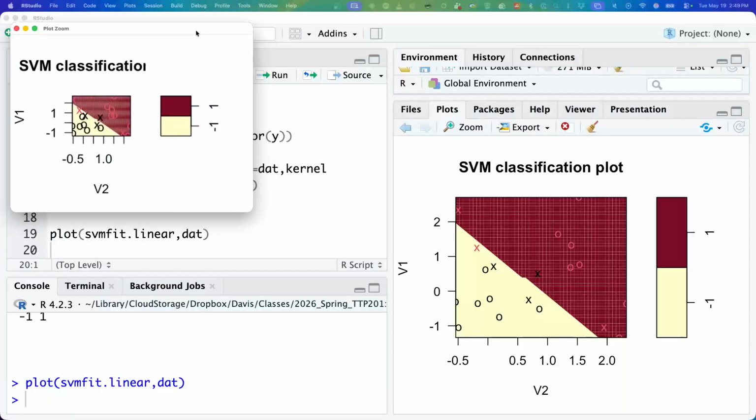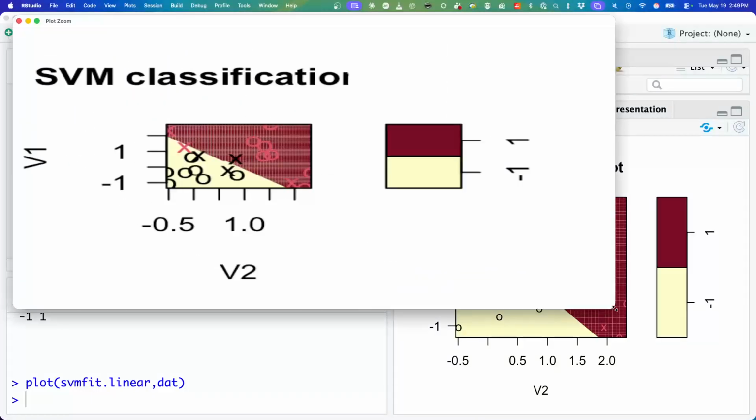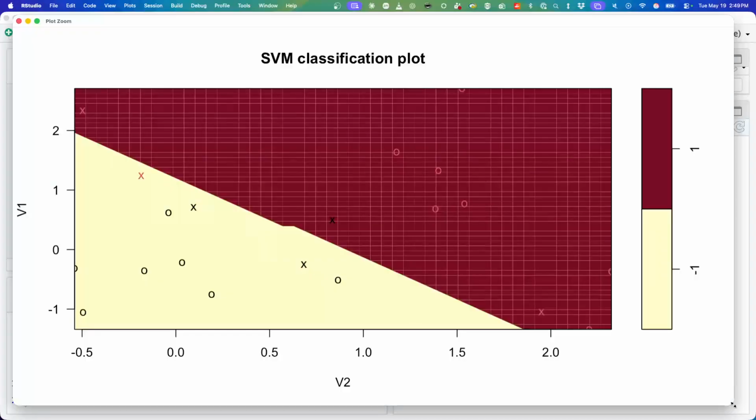Okay, so don't worry about the shaded region for a second. We are going to focus on the points. And there's 2 dimensions to look at with the points. One, we have circles and X's, and then we have color of the points, black and red.